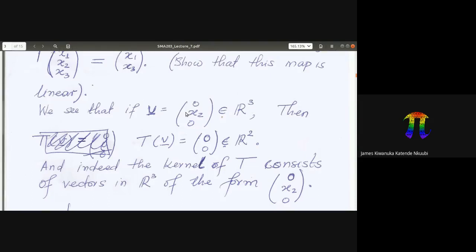So this gives you the kernel of this map. The kernel will simply consist of vectors that look like this, where x2 is a real number. We don't care what x2 is because it doesn't affect the image. As long as the first and the third are 0, then the image of that vector will always be (0, 0).